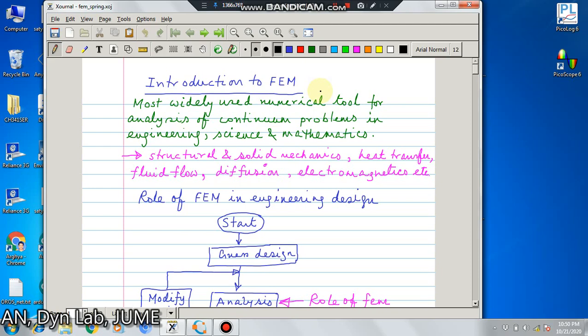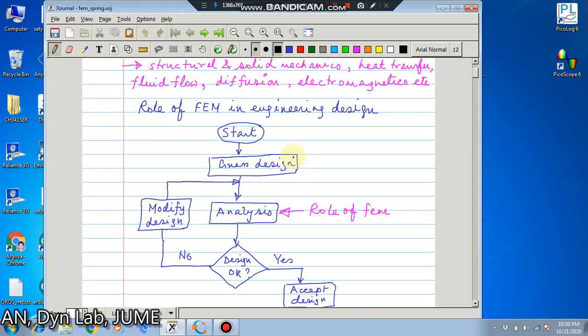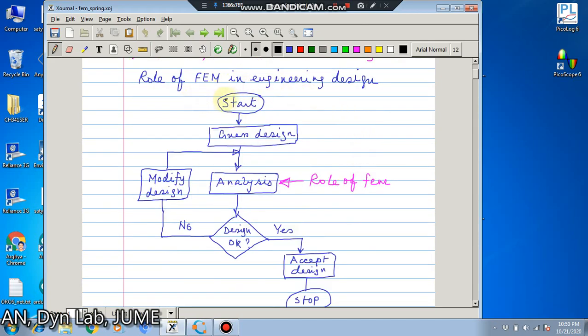Finite element is applied in structural and solid mechanics, in heat transfer, fluid flow, diffusion, electromagnetics, etc. In mechanical engineering, we extensively use finite element in engineering design, and the process is something like this. In design, we first make a guess design, and then we analyze the guess design, and if all the outputs are satisfactory, that is the design objectives are met, then we accept the design.